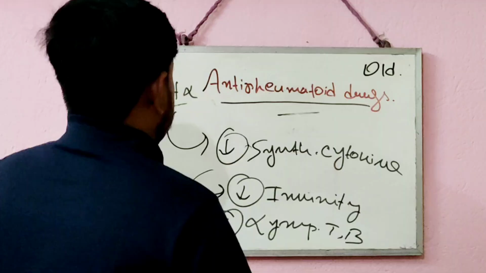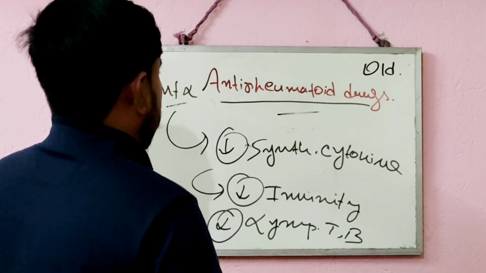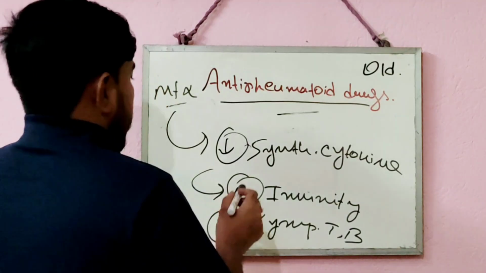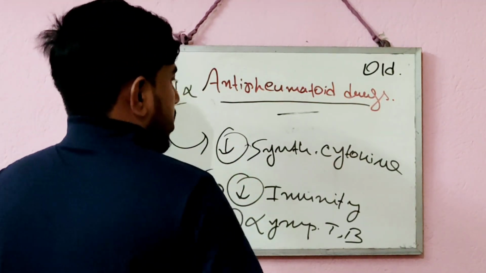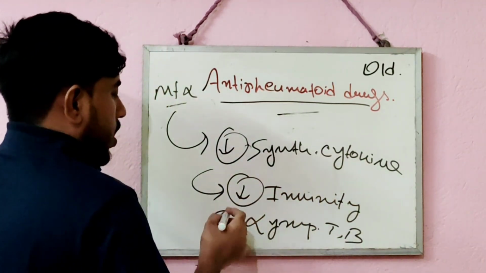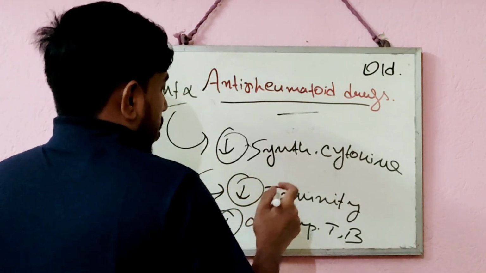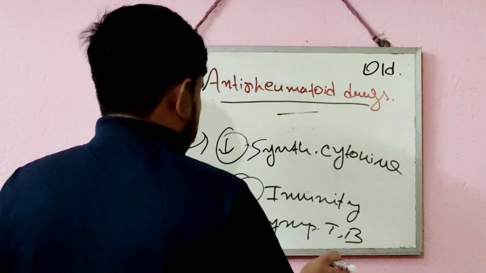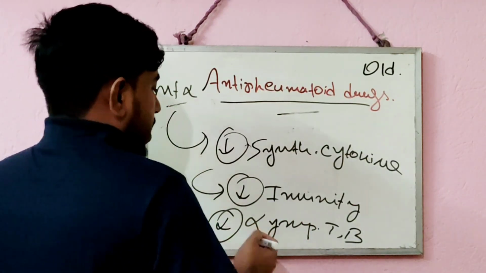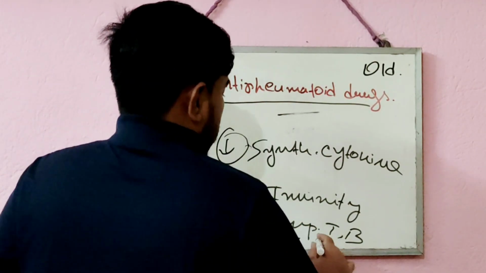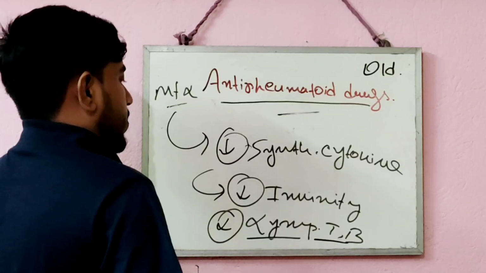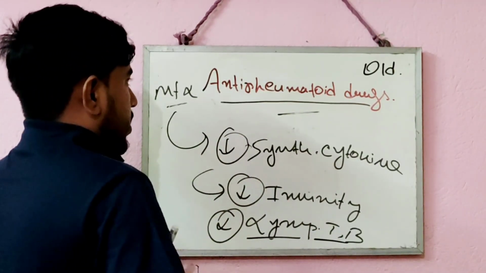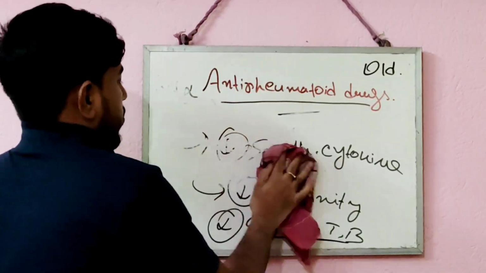That is also one of the ways methotrexate acts as an anti-rheumatoid. By inhibiting the synthesis of cytokines, the immunity of our body is suppressed, leading to less synthesis of T lymphocytes and B lymphocytes. By that also methotrexate shows its action as an anti-rheumatoid drug.